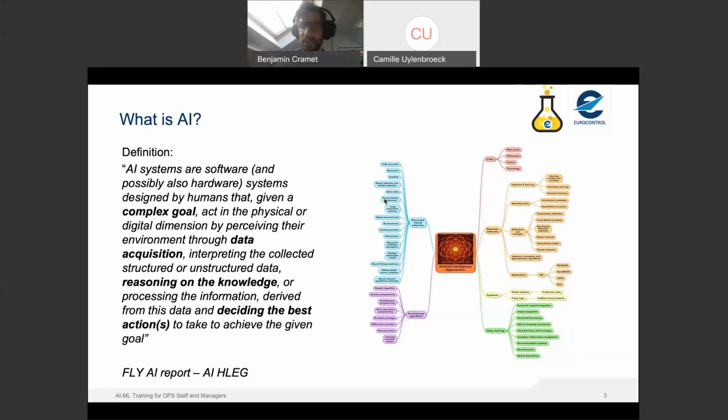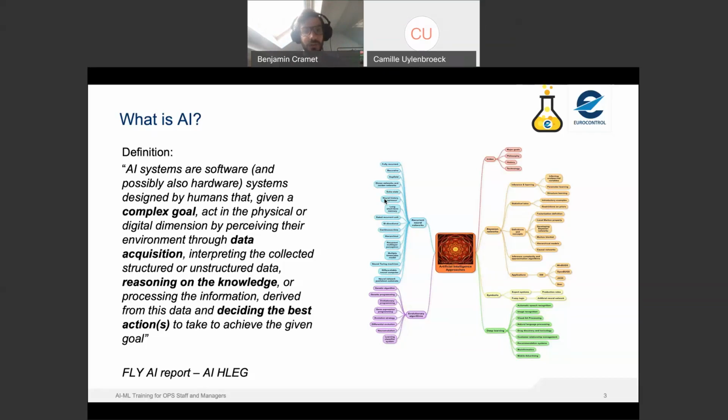An AI placed in a robot, acting like in a factory, transporting pieces or packets from here to there, etc. It is designed by humans, which is very important because AI is based on a business problem, something that you have today, tasks, automation, things that you want to do today and that you would like to have done by a software. Given a complex goal, that relies on your business problem, what you want to do with the software.